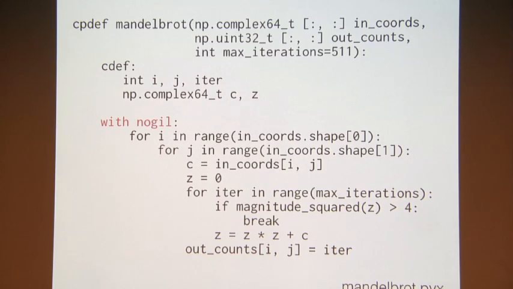Is there a list of do's and don'ts when you're writing certain things? It often ends up, not do's and don'ts necessarily. If I write with no GIL, it'll tell you.